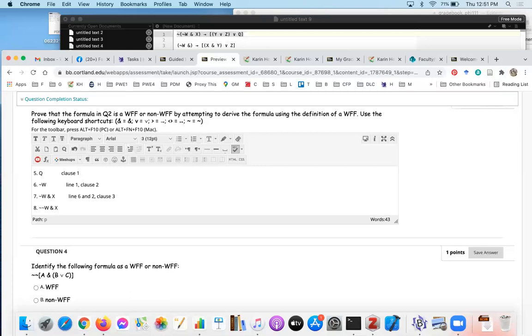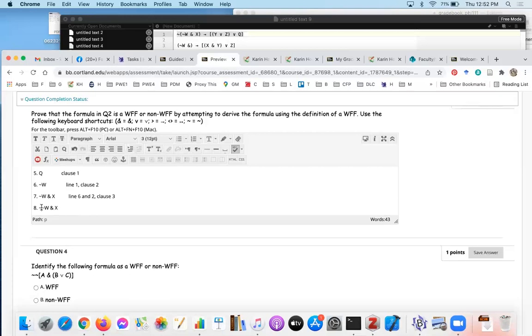If we don't put the parentheses on, then we end up with a different formula than what we should be having. So instead of negating the whole formula, not W and X, we would instead be just adding another negation on the W. And those are different formulas.